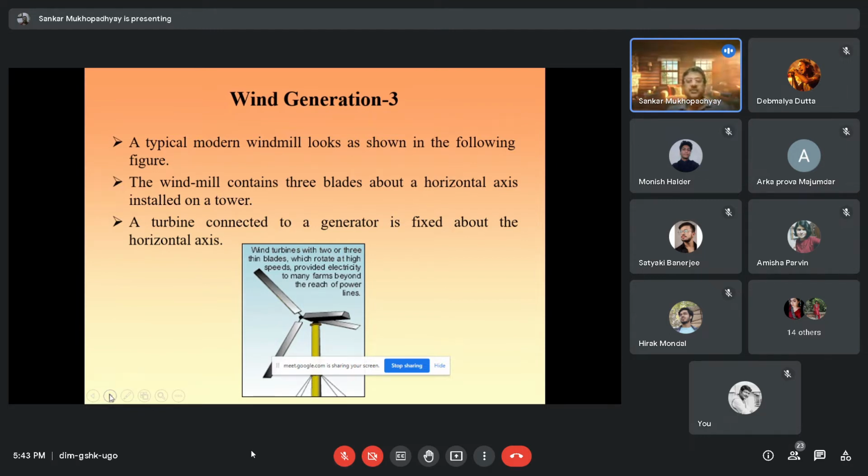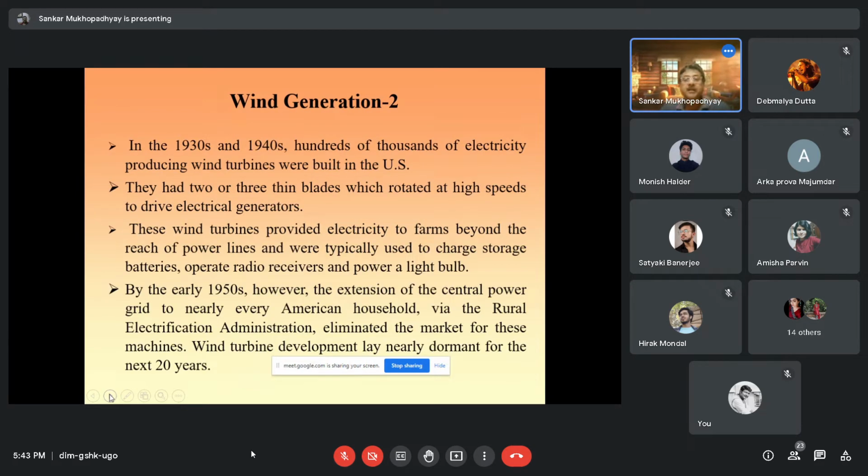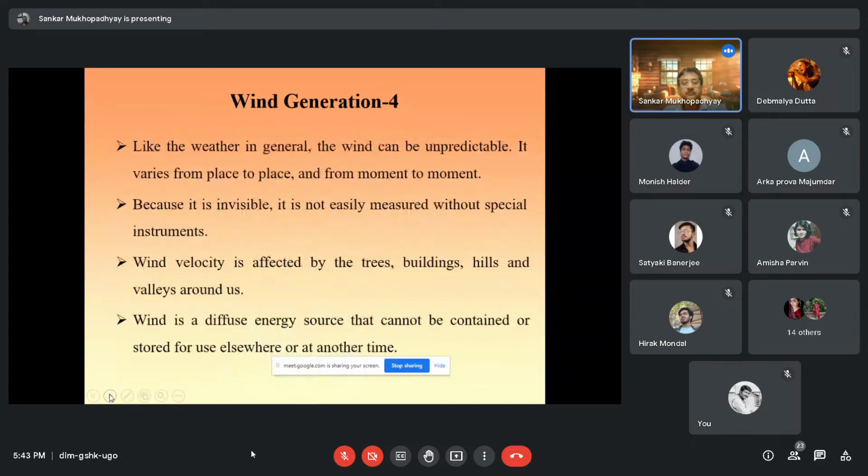Wind turbines with two or three thin blades, as you see in the picture, rotate at high speed and provided electricity to many farms beyond the reach of the power lines. Like the weather in general, the wind can be unpredictable. You cannot forecast the speed of wind.